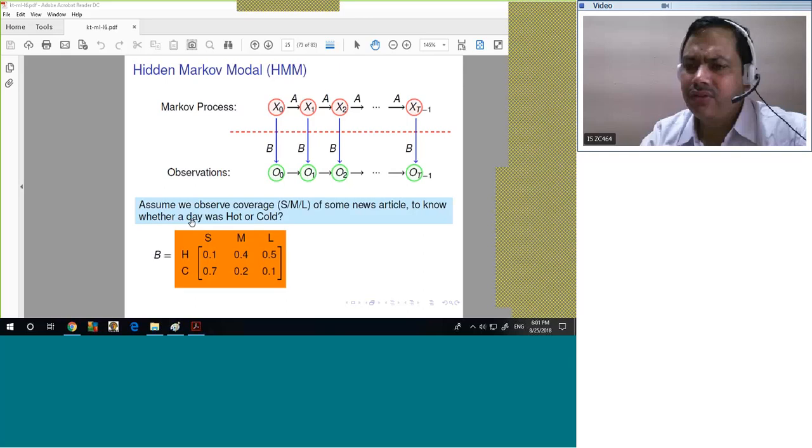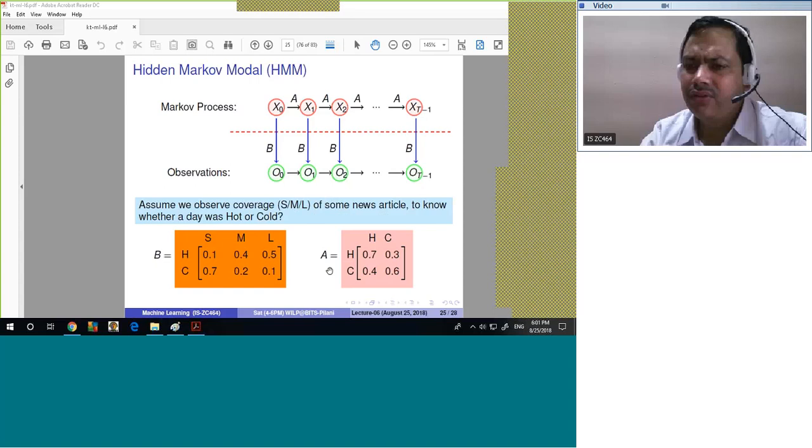We then saw an example where, let's assume, there is some coverage of snowfall: small coverage, medium coverage, and large coverage on some day. You put some numbers randomly: on a hot day, the probability of small, medium, large coverage. I give these, and I know the underlying transition probability that given a hot day, the next day will be a hot day or a cold day.